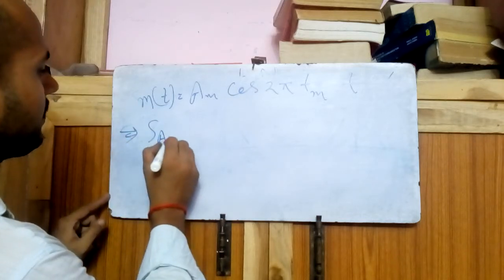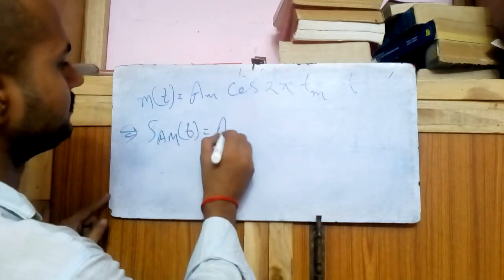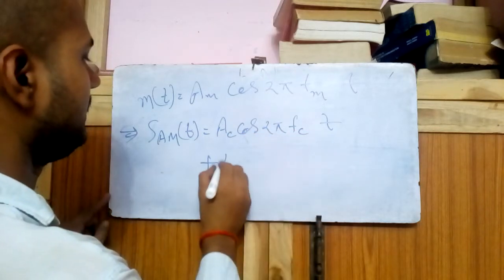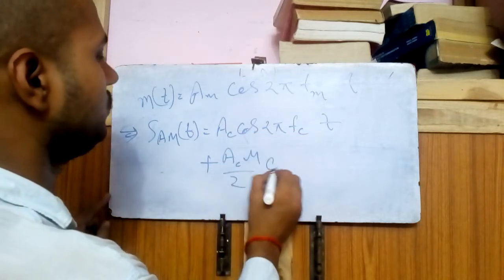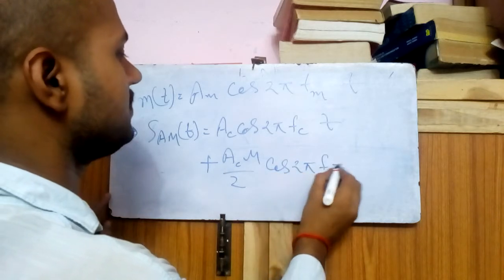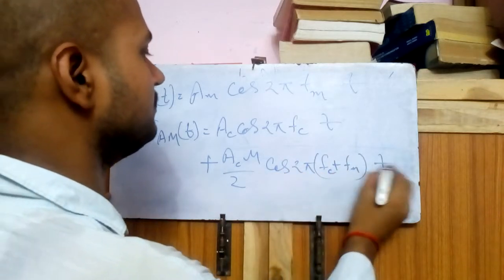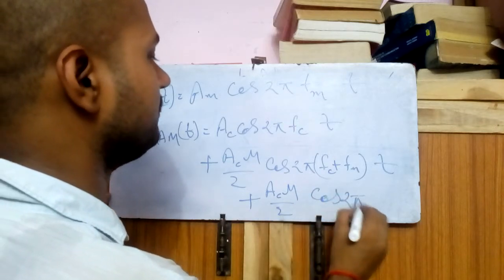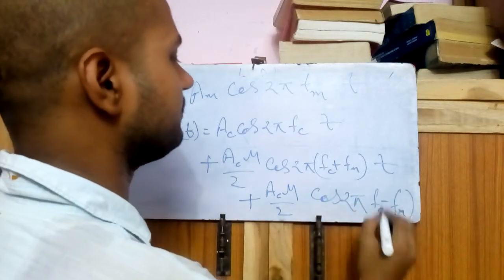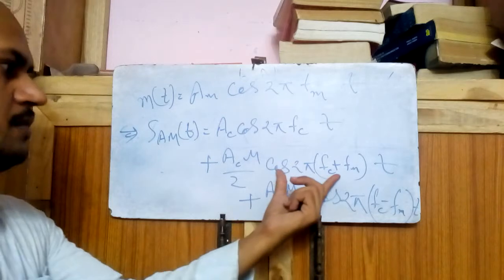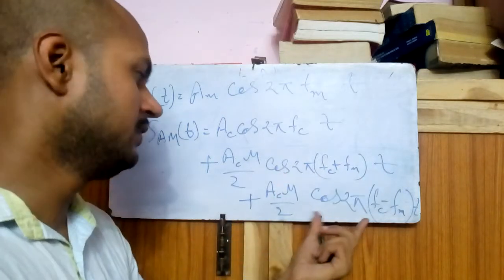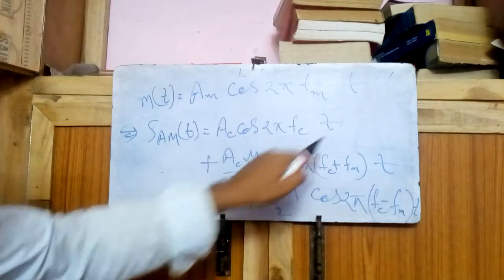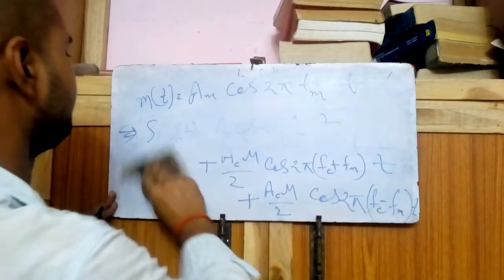The AM signal will be Ac cos 2πfct plus Ac mu by 2 cos 2π(fc plus fm)t plus Ac mu by 2 cos 2π(fc minus fm)t. fc plus fm is the upper side band, fc minus fm is the lower side band, and Ac cos 2πfct is the carrier component.